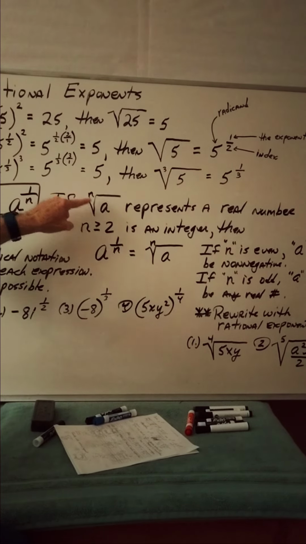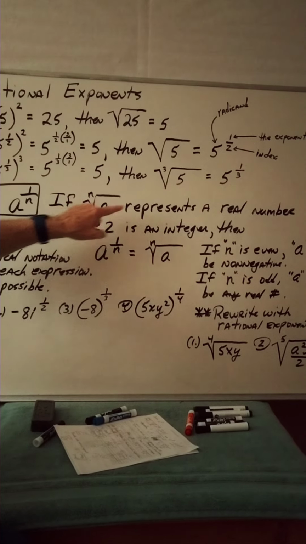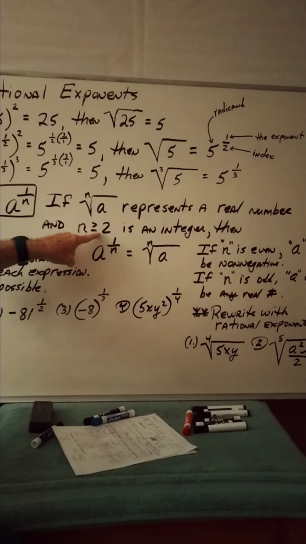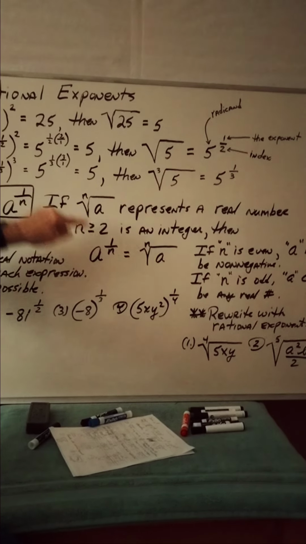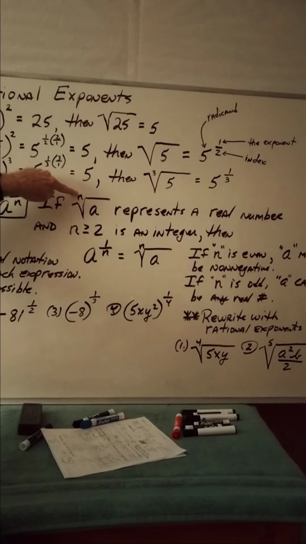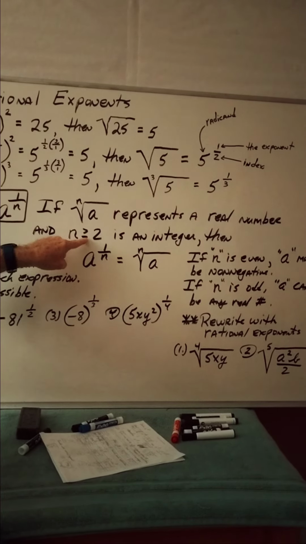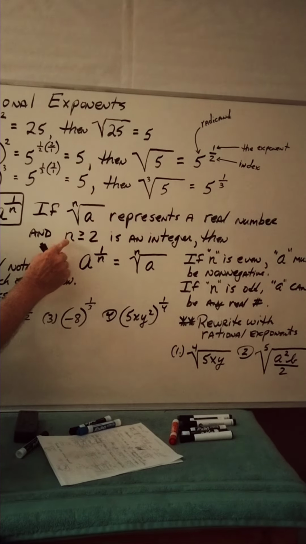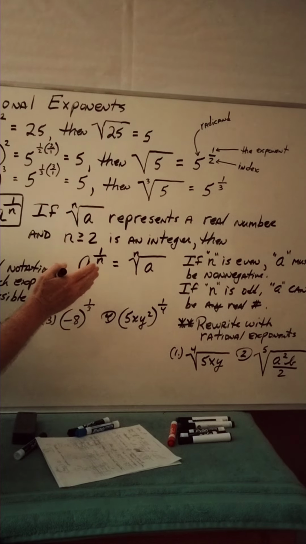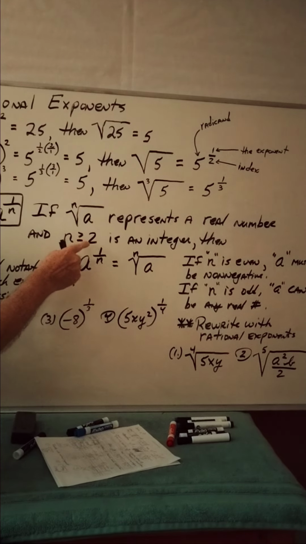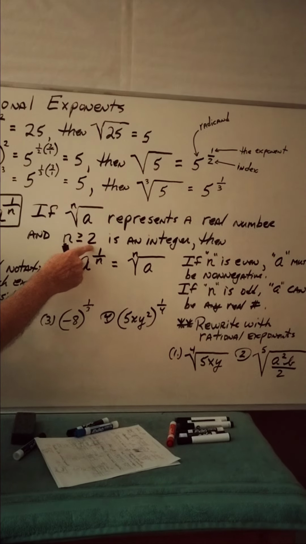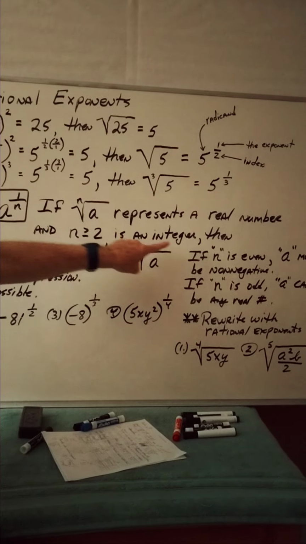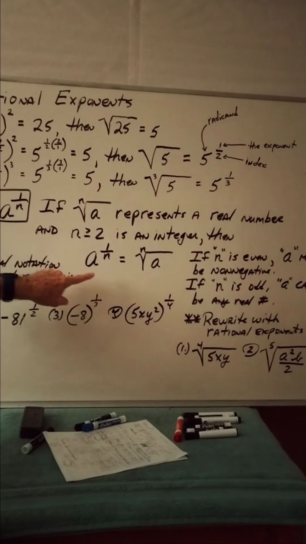If the nth root of a represents a real number, and n, the index, is greater than or equal to 2, and it is an integer, the value of n must be a positive number, it must be greater than or equal to 2, and it must be an integer.